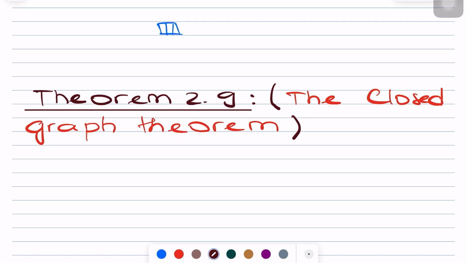Of course, linearity is important, we'll come back to that. This is an important concept in mathematical analysis because it establishes the connection between the geometric properties of a graph and the analytical behavior of the function itself.